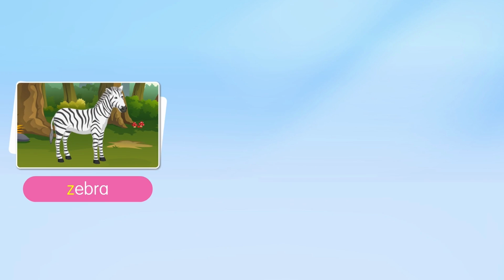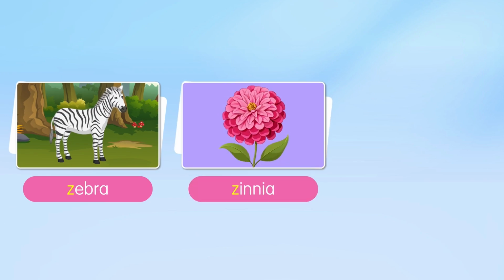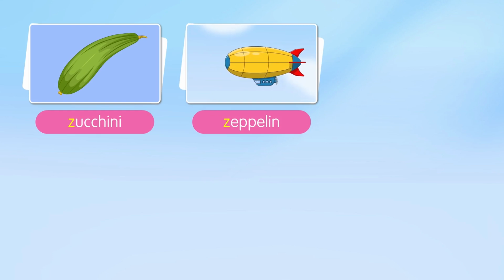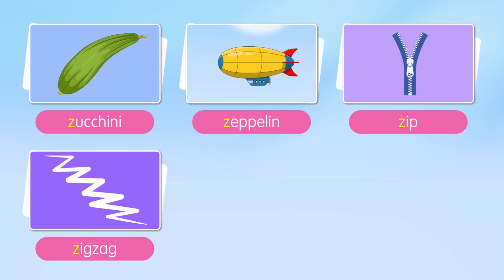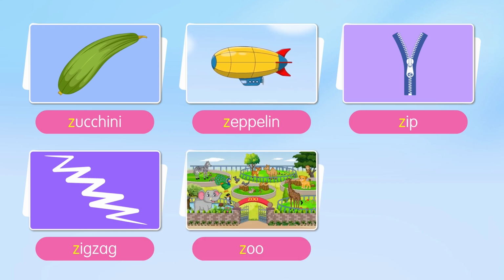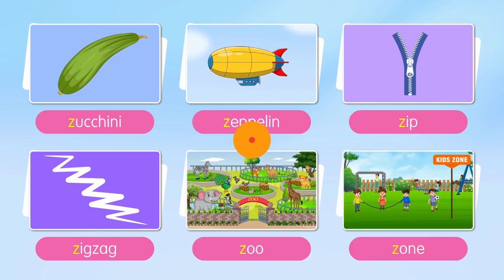Zebra, zinnia, zero, zucchini, ziplin, zip, zigzag, zoo, zone. We learned the names of many things that start with Z sound.